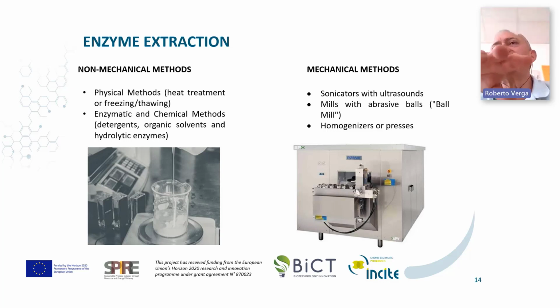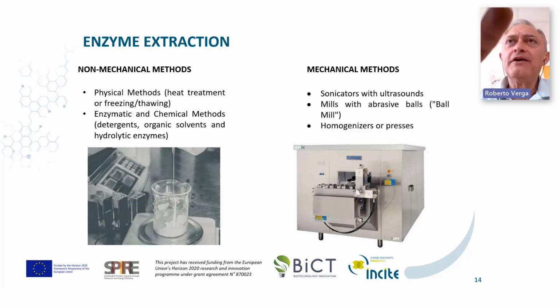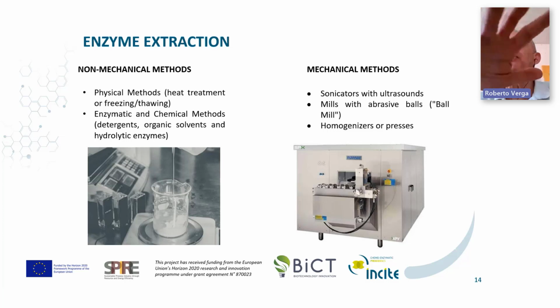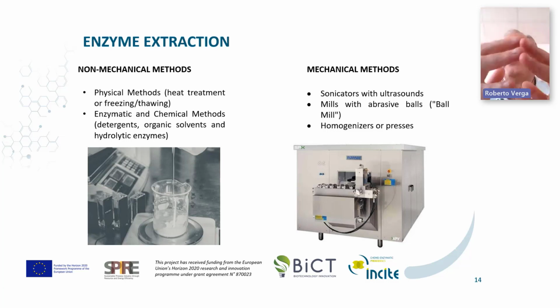The homogenizers are different. The picture, for instance, is an example of homogenizer, a press, practically. The cube is the engine, and in front you have the chamber and the valves able to increase the pressure to my sample. Practically, I can feed in continuous my cell suspension.